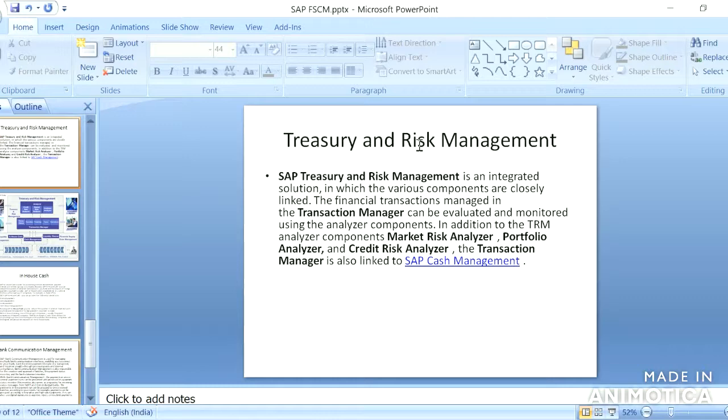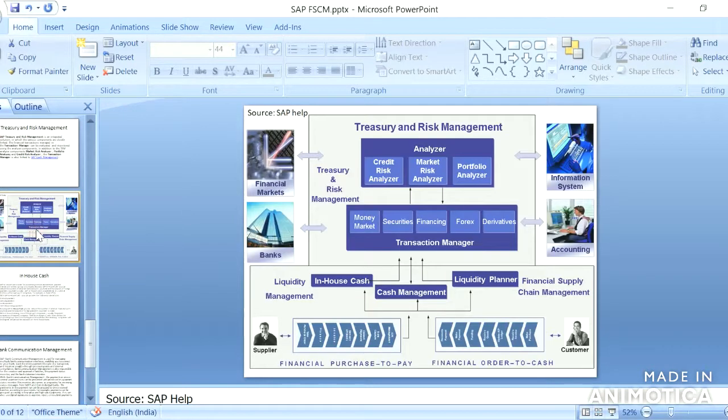So what I understood about the treasury, if we see this, is that treasury and risk management mainly deals with money market, securities, forex, derivatives. All these things are managed in the transaction manager.